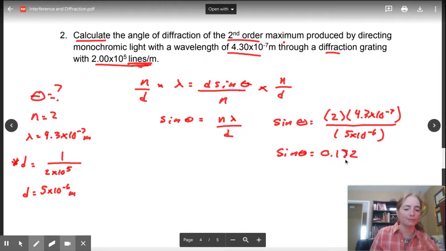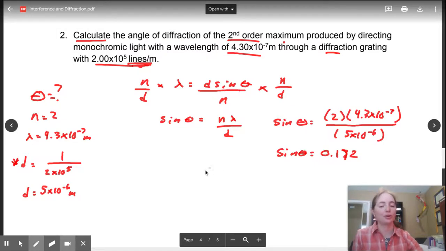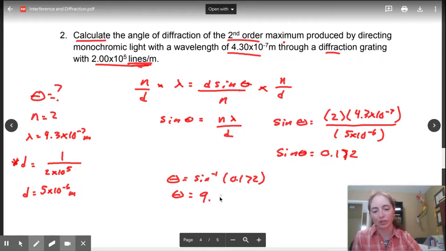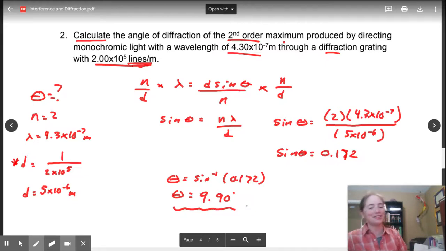Now, once you have this, you can go into your calculator and do your sine inverse of that answer. Which would then give you the lovely theta, once you've done your sig digs and your rounding, of 9.90 degrees. Go Baines? Go Baines.